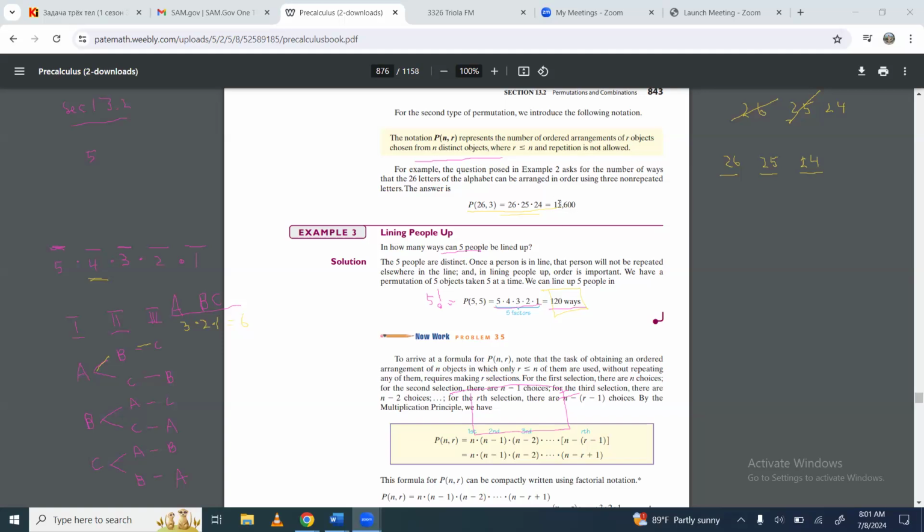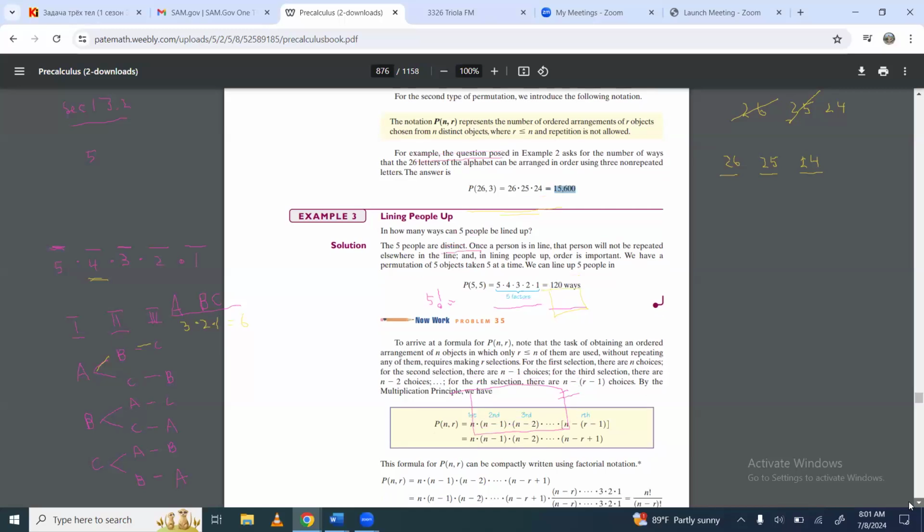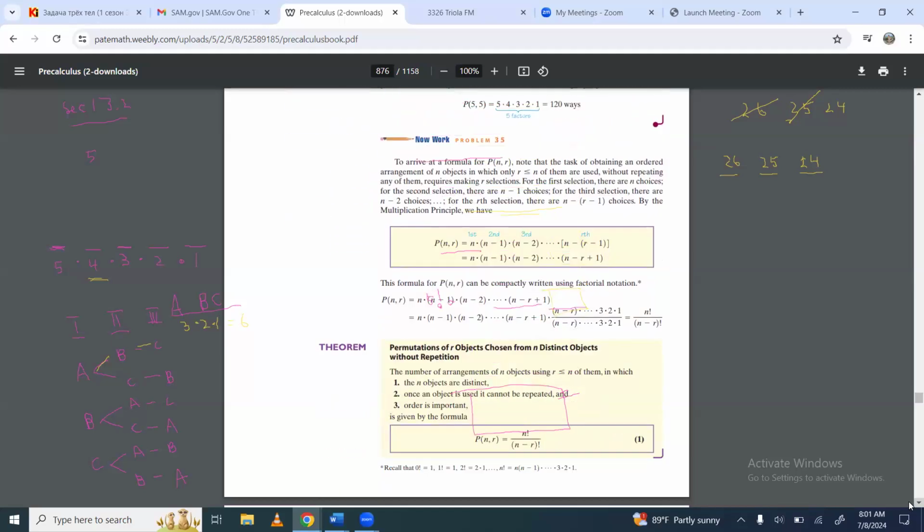And you can use a calculator. Actually, I'll show you how to produce that huge number that they have in here. So now they arrive at the formula. What you can do is look at 26 factorial.